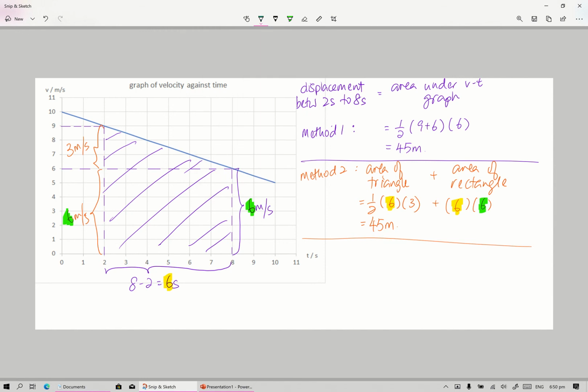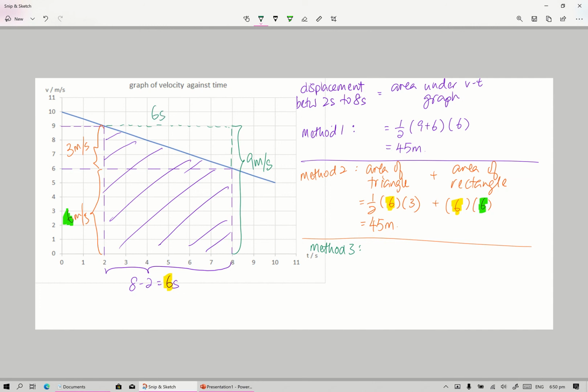How about method 3? For method 3, we're going to take the area of this big rectangle, which is 9 meters per second by 6 seconds.